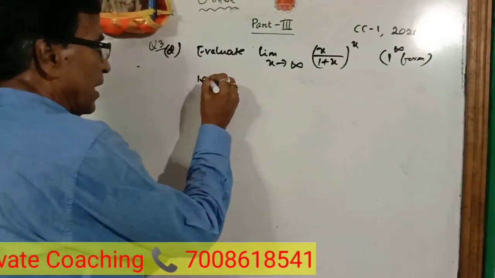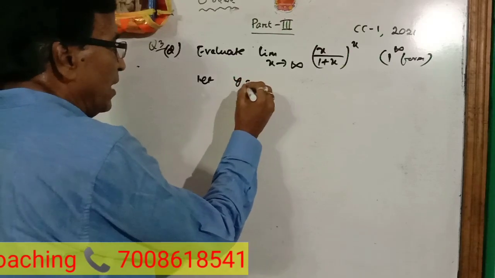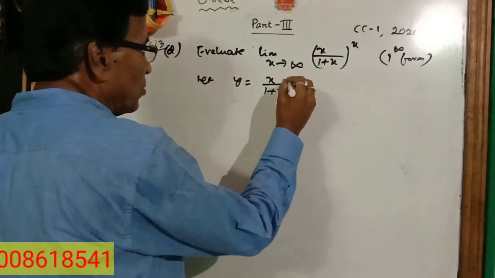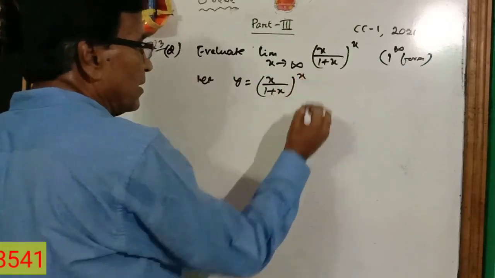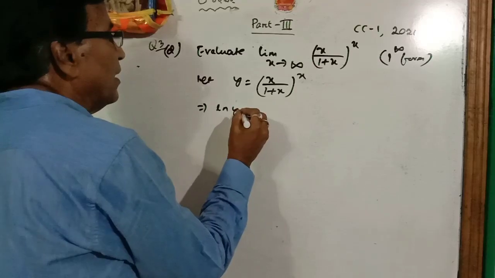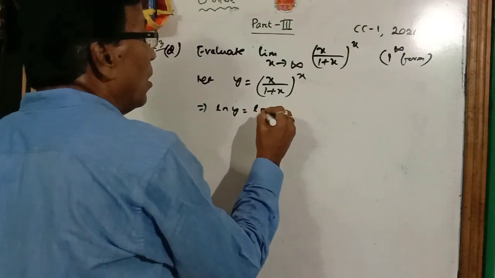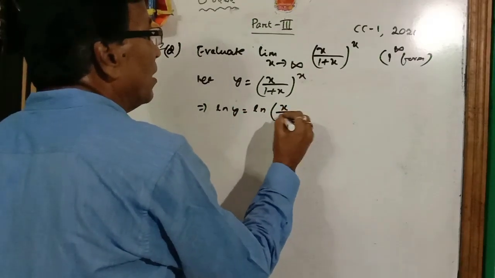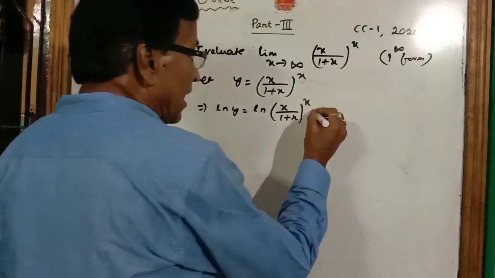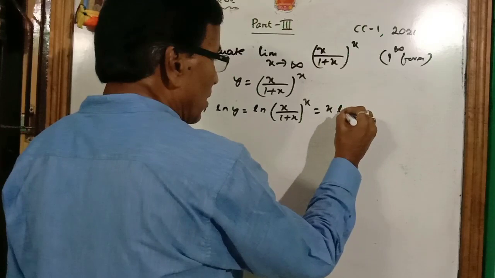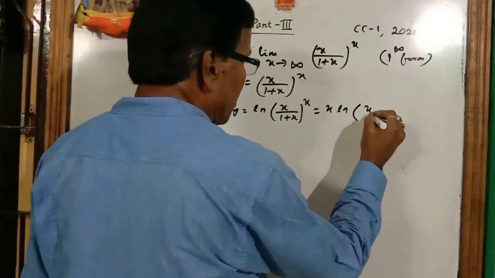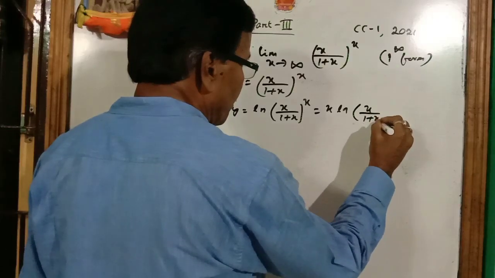So first we take y is equal to (x divided by 1 plus x) whole to the power x. Now taking log on both sides, log y is equal to log of (x divided by 1 plus x) whole to the power x, and that becomes x log of (x divided by 1 plus x).